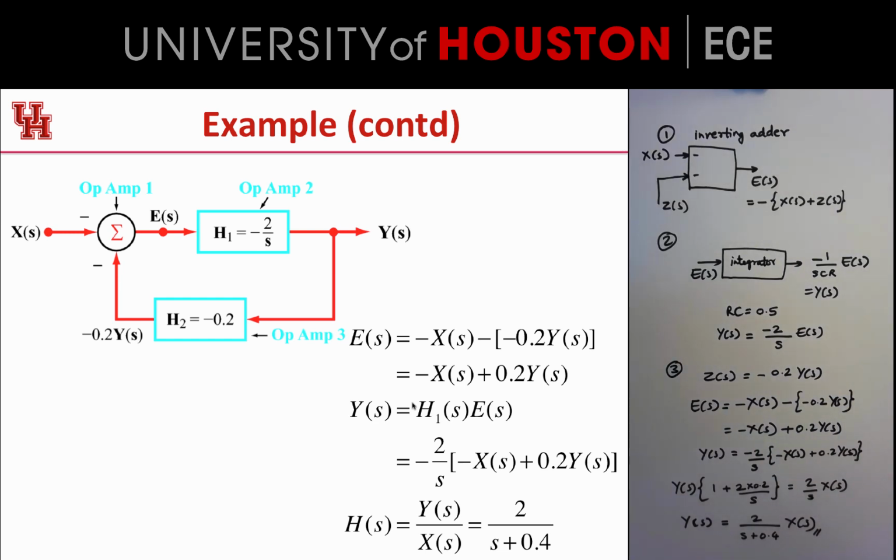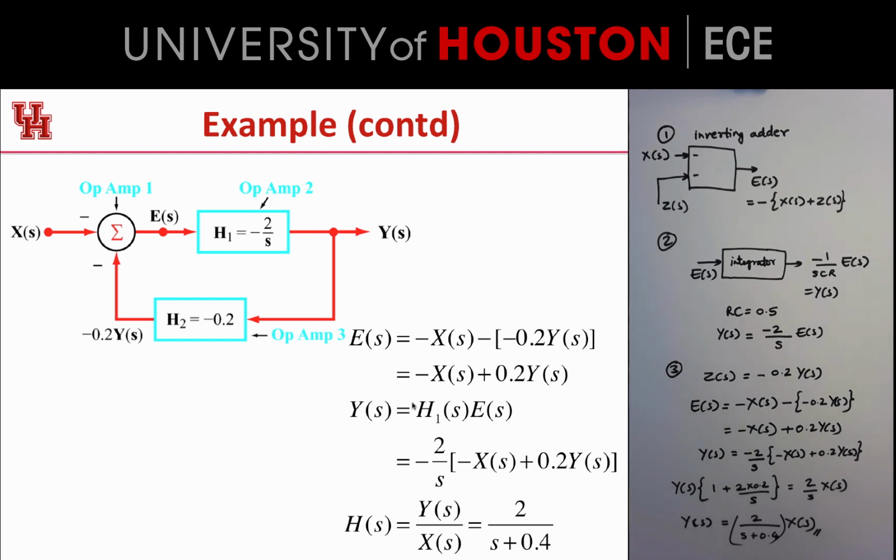So this very complicated system turns out to have a very nice and clean looking transfer function in the end. And that's the power of Laplace transforms again. To solve this example, we used several of the things we talked about earlier. We've talked about a bunch of basic op-amp circuits, and if we become familiar with these, we can start to recognize patterns.